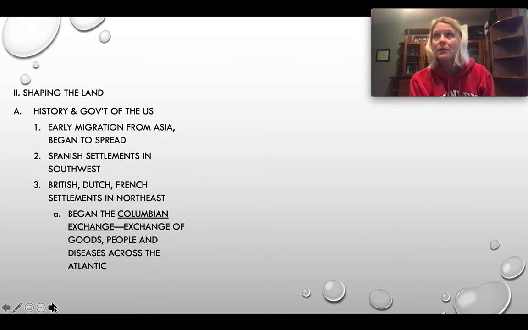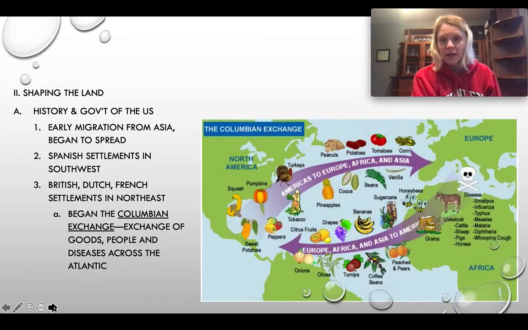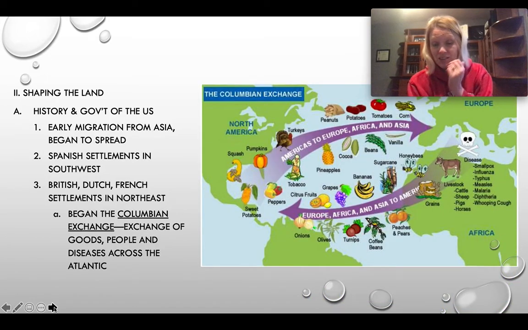And so a lot of people think Christopher Columbus should be looked at as both a hero and maybe a villain. But the idea here is that he began what was called the Columbian Exchange. And the Columbian Exchange is just this, for good and bad. It is what it is. And this is based off of Christopher Columbus.